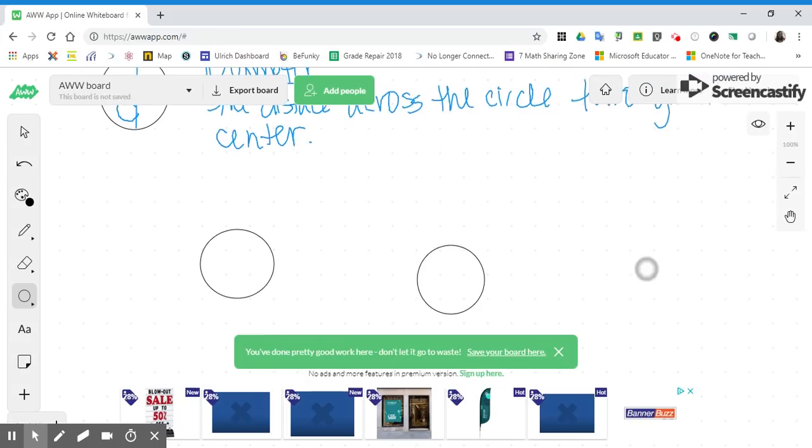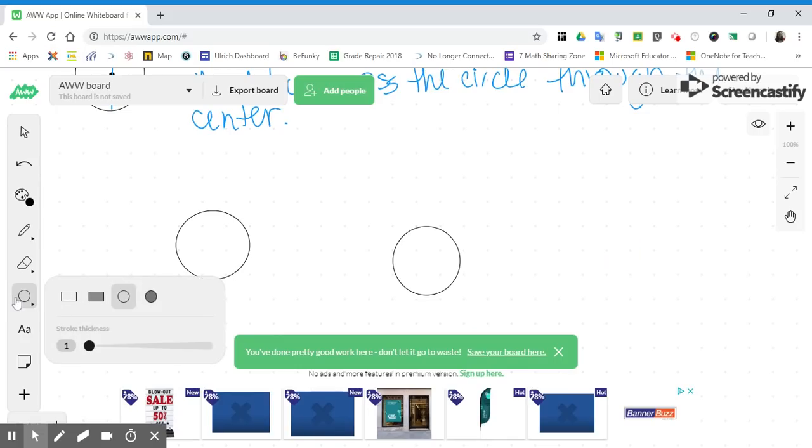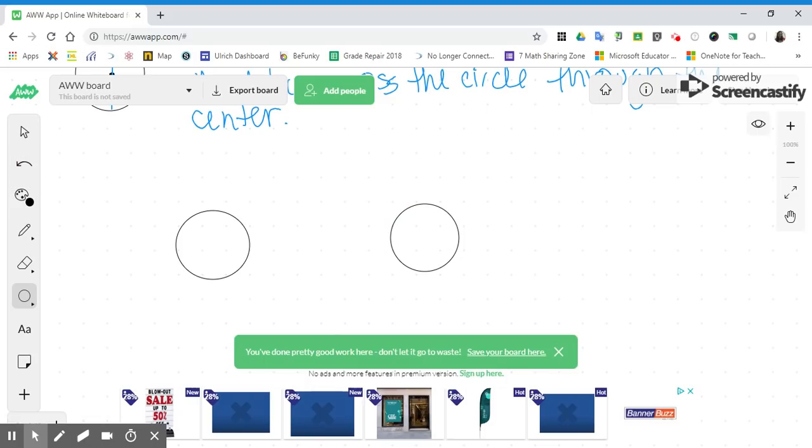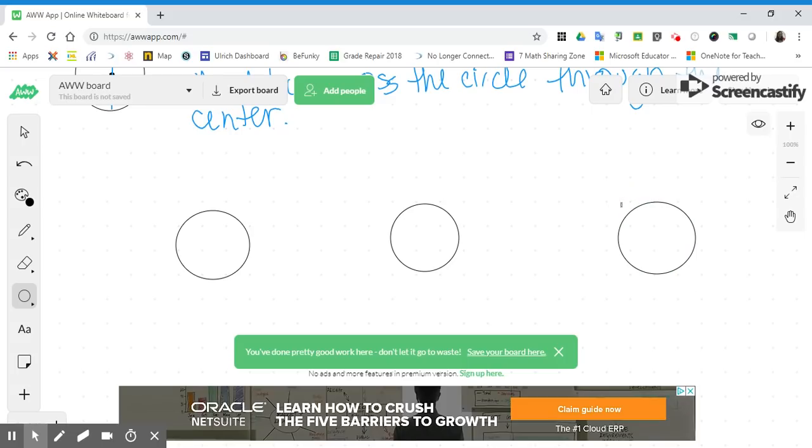Okay, let's try again. There we go. So got a couple of circles here. We're just going to draw in some lines and then decide if they're a radius or a diameter.